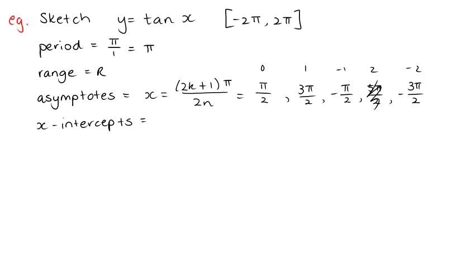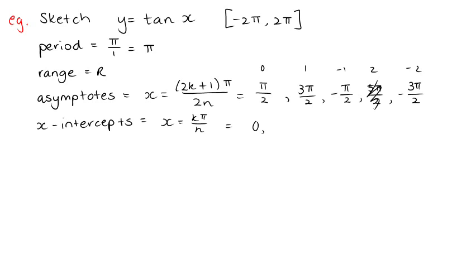Okay, and now x-intercepts, which is just x equals k pi over n. Our n is 1, so it's just going to be something pi over 1, which is something pi. So we'll go 0 pi over 1, which is just 0.